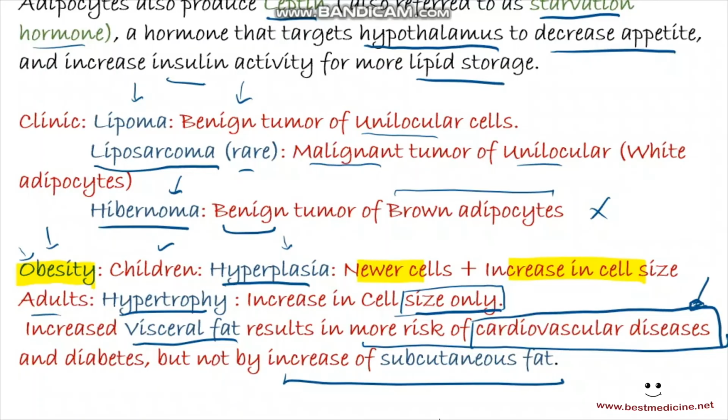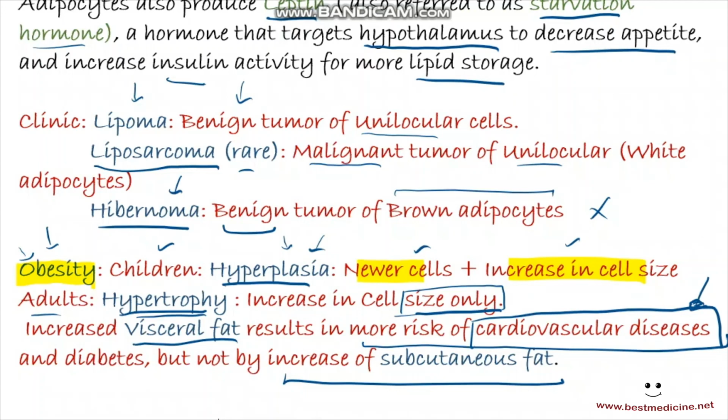Also, we were discussing some facts related with obesity, that in obese children there's hyperplasia, which means newer cells, and increase in cell size, while in adults they have hypertrophy. And the more obese children and adults are, the more adipose tissue is there, and therefore there's a greater production of leptin as well, which we learned earlier does what? Leptin inhibits hunger, right?